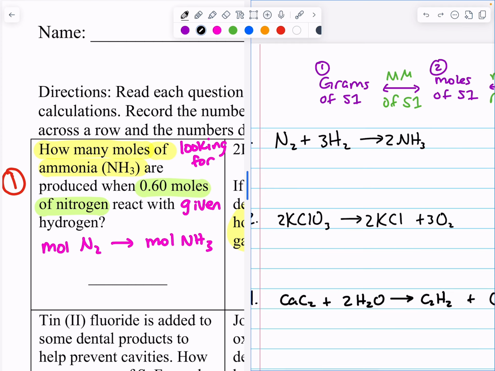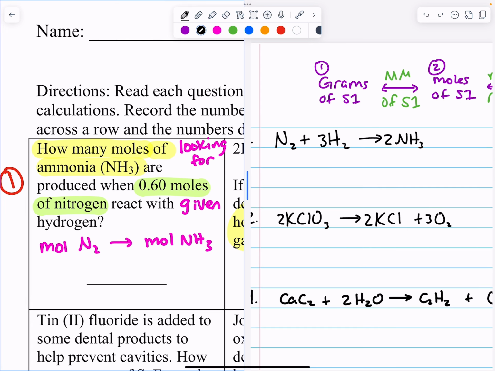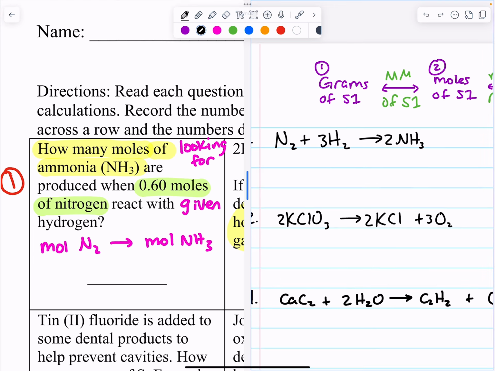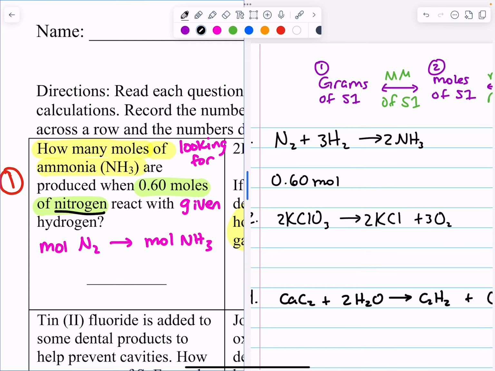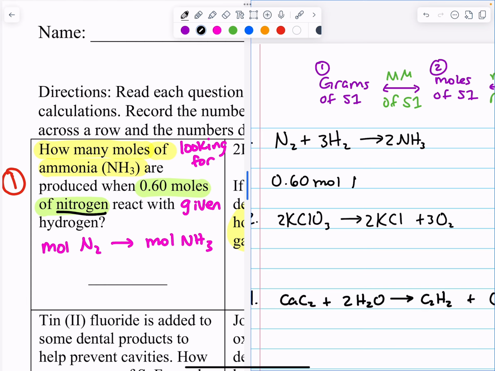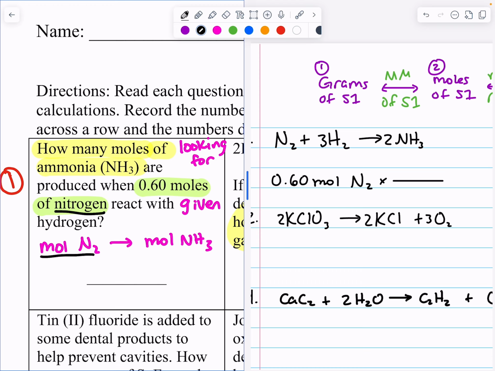I have my given. It's in the problem right here, highlighted in green, 0.60 moles. So I will write that here: 0.60 moles of nitrogen, but not N, N2. And that's very, very important, times the fraction. Our given is moles of nitrogen, and we're looking for moles of ammonia.